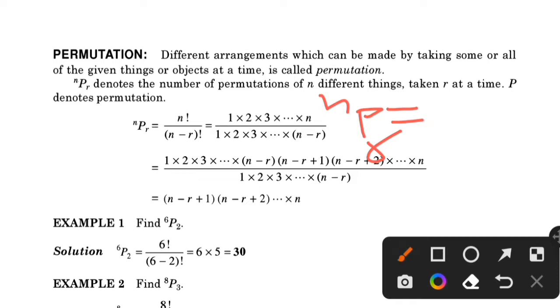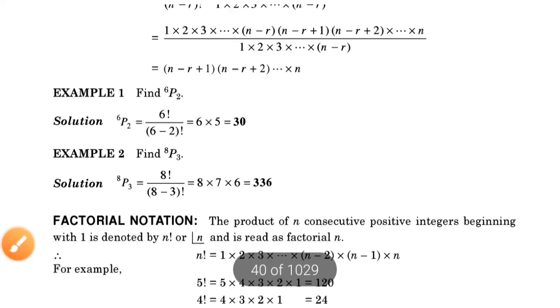So this is written as nPr, n is the superscript and r is the subscript. And this is equal to n factorial divided by (n minus r) factorial. This is the formula for calculating permutation of given things.